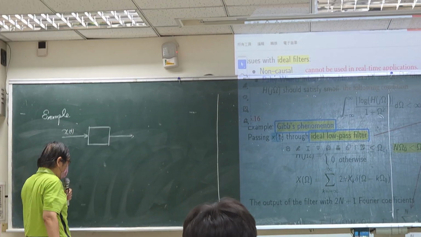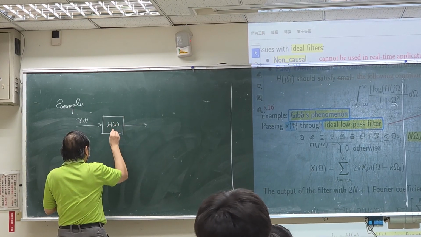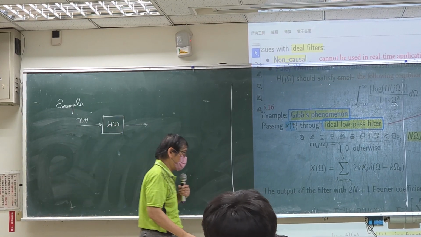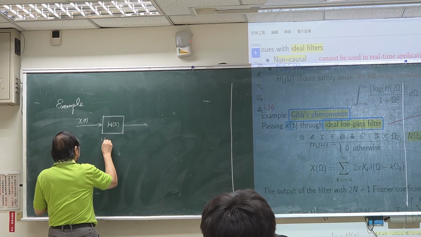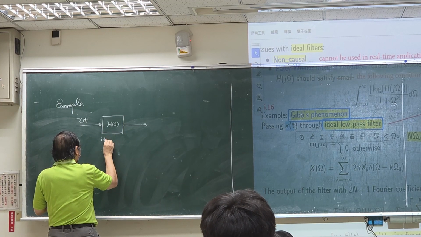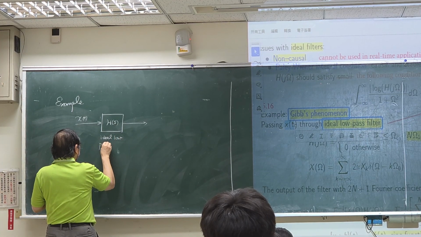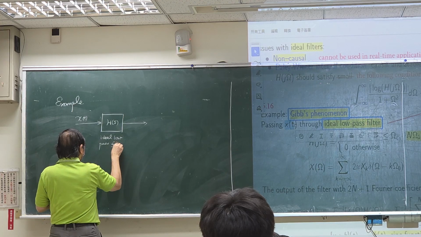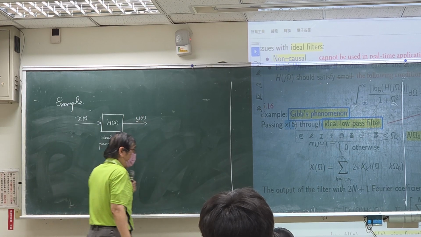We are given the input signal x(t), and we also have a transfer function. We have a system. This system is an ideal low-pass filter. And then the output is y(t).